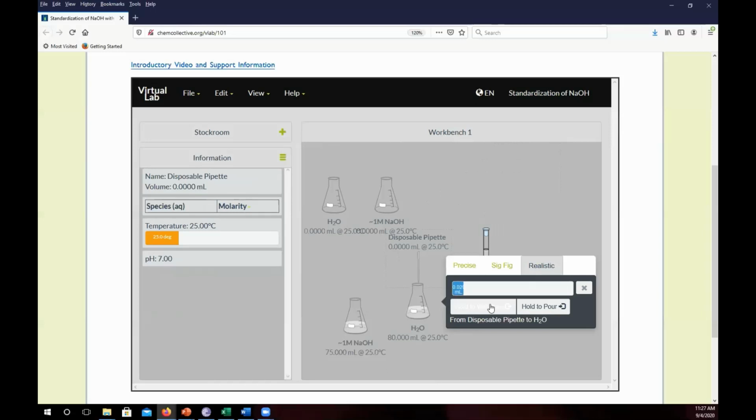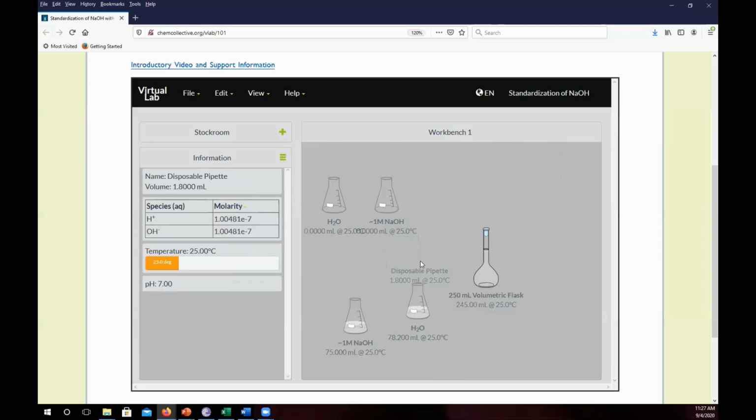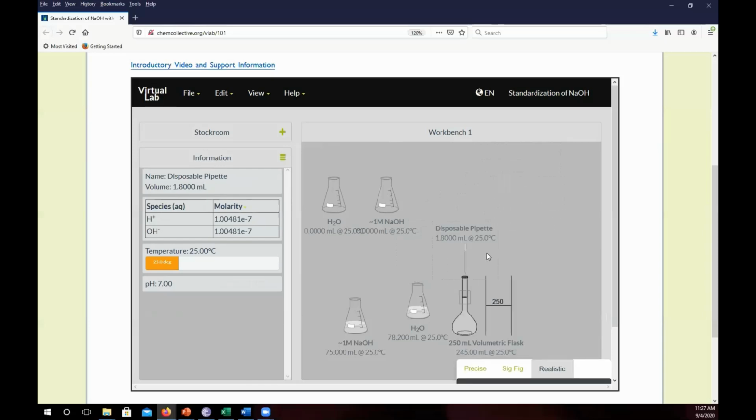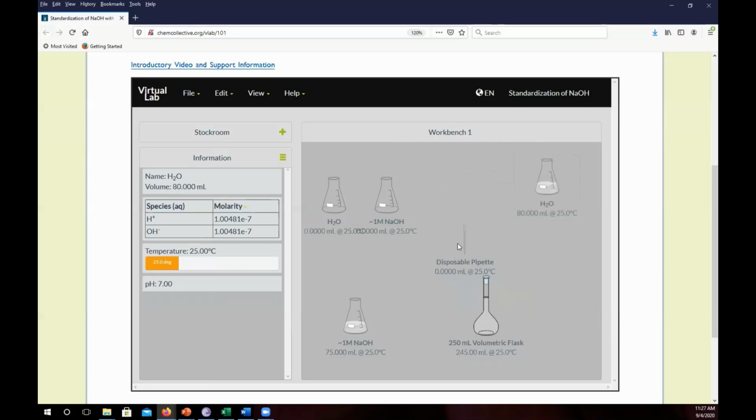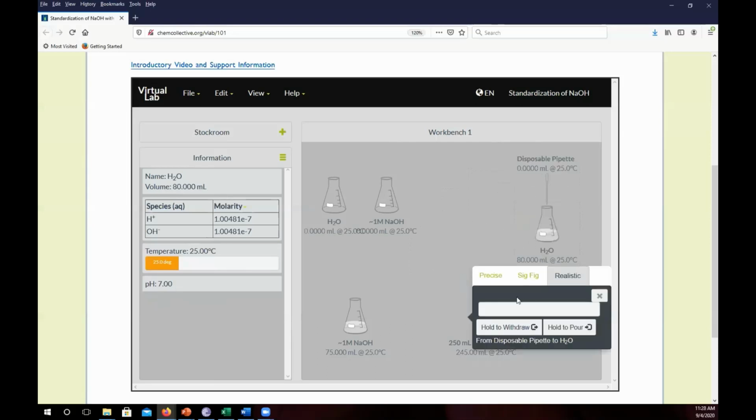Instead, I will use a disposable pipette to add in the remaining amount. In this way, the exact amount in the volumetric flask is shown.